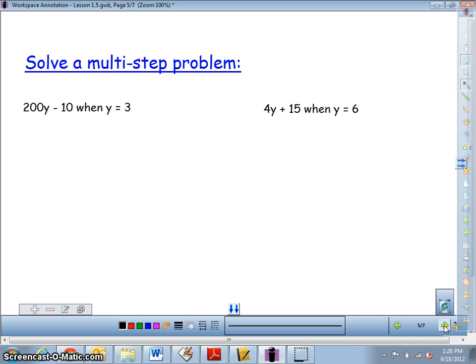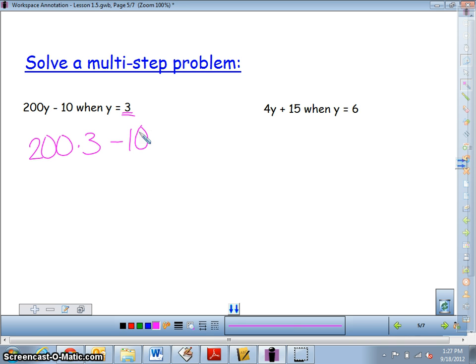So let's go ahead and we're going to substitute 3 in for n. So I'm going to rewrite my problem. 200 times 3 minus 10. All right, so 200 times 3 minus 10. Order of operations, I have PEMDAS. Do I have any parentheses?